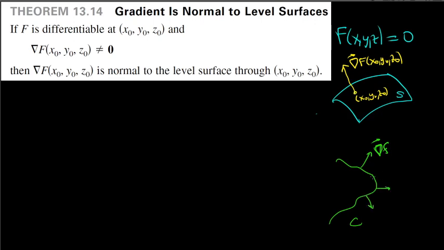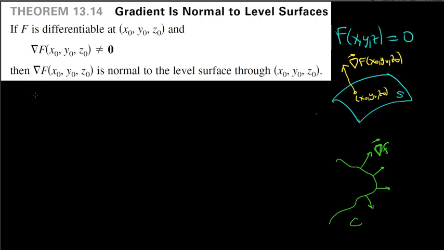It doesn't have to point outward, it can point inward too, I guess it depends on how the function is defined. But all these gradient vectors will be perpendicular to the surface. Okay?